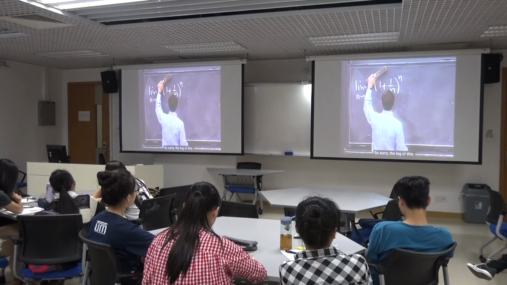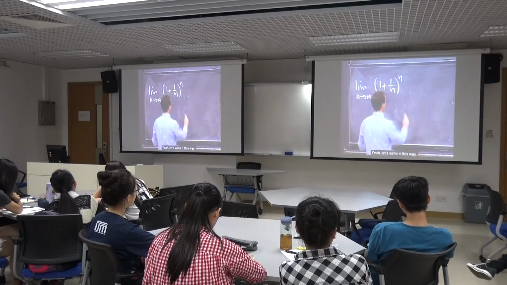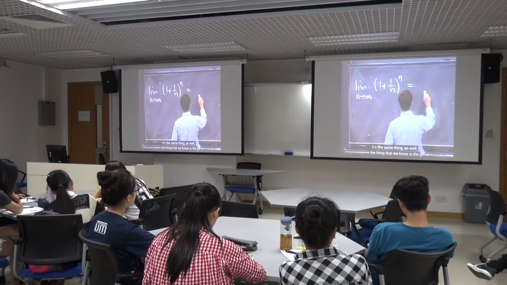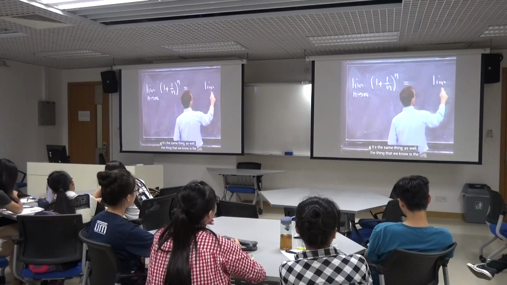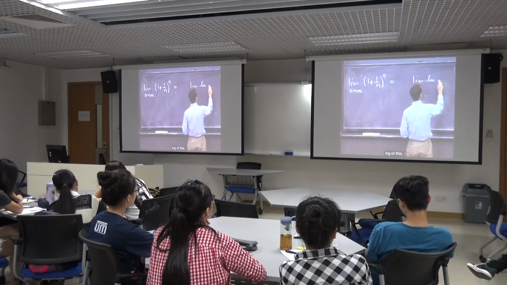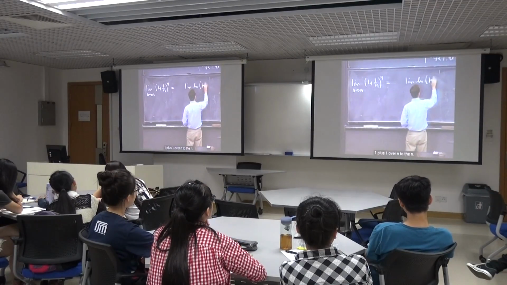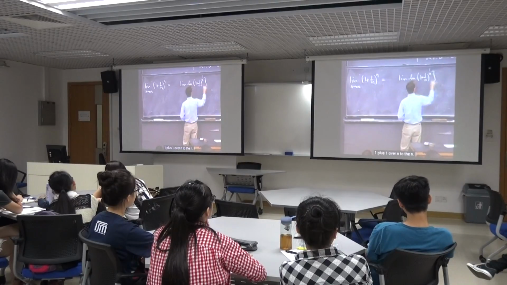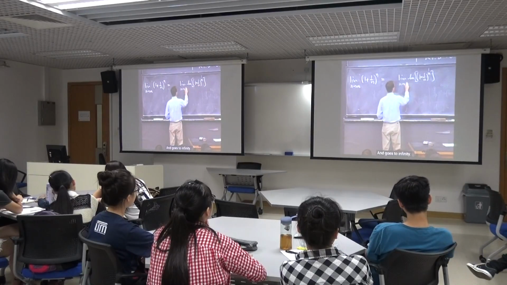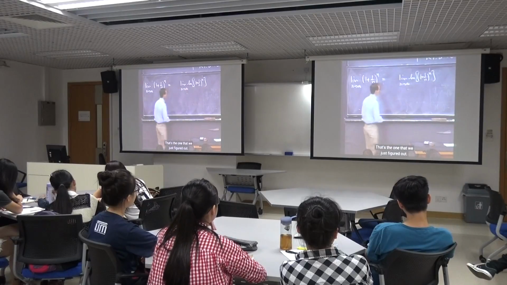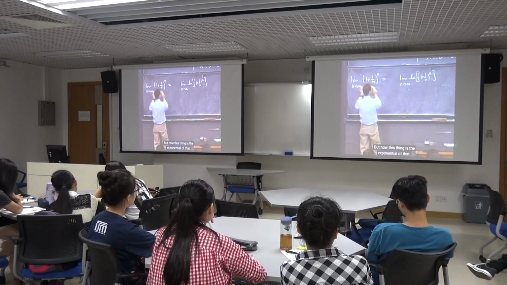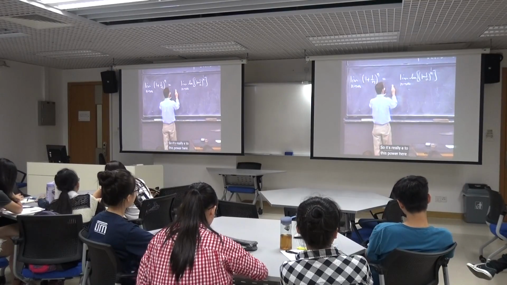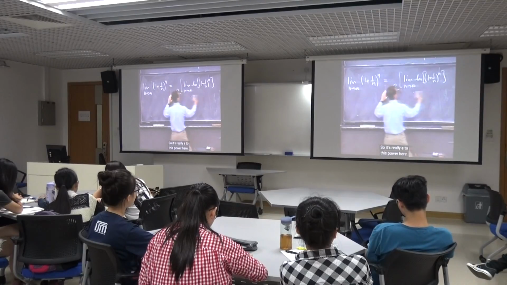Sorry, the log of this. Let's write it this way. The thing that we know is the log of (1 + 1/n)^n as n goes to infinity. That's the one that we just figured out. But now this thing is the exponential of that. So it's really e to this power.